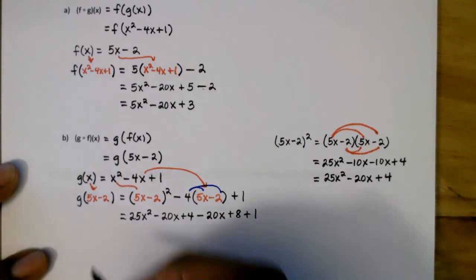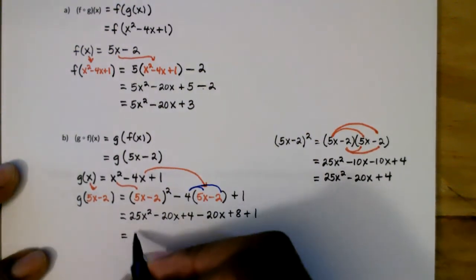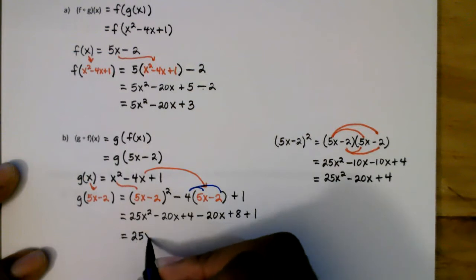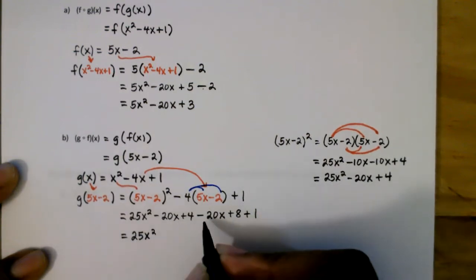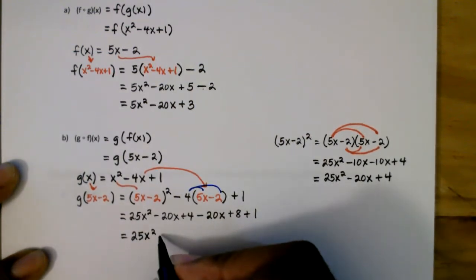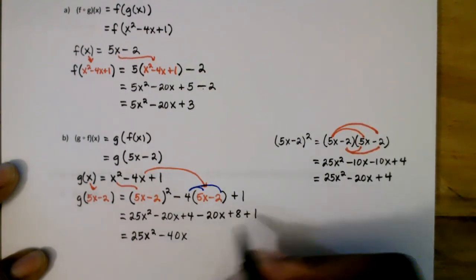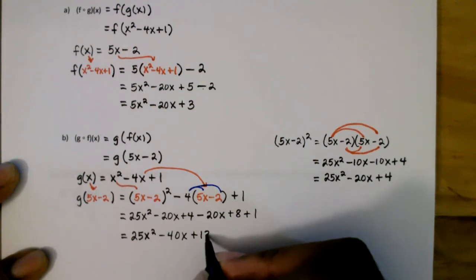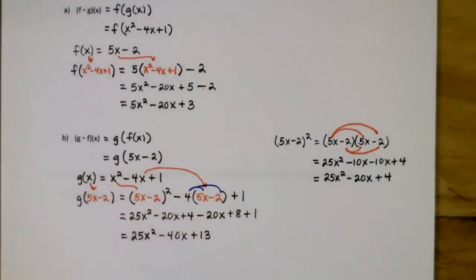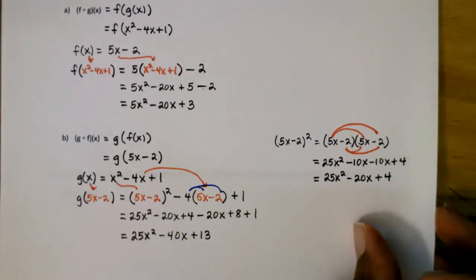And then next we combine like terms here. Let's see, bring down that 25x squared. Minus 20x and a minus 20x is a minus 40x. Then 4 plus 8, that's 12. 12 plus 1 would be plus 13. So the composition of g with f of x ends up being 25x squared minus 40x plus 13.